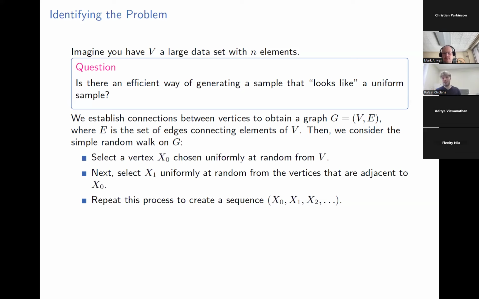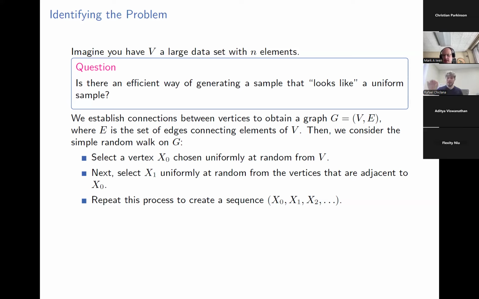If the degree of the graph is, let's say, 30, that means that instead of having to create a random number between 1 and n, the number of total elements, I would have to choose a random neighbor, which is 1 in 30. So this is way cheaper. And I will create a sample.